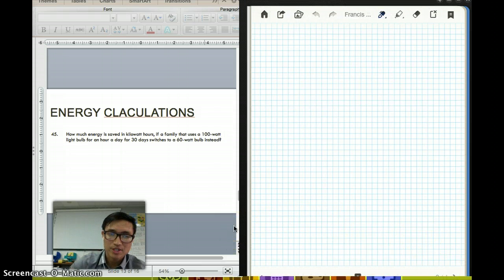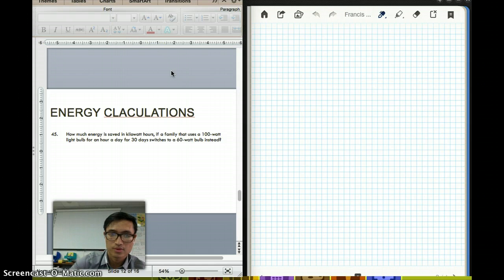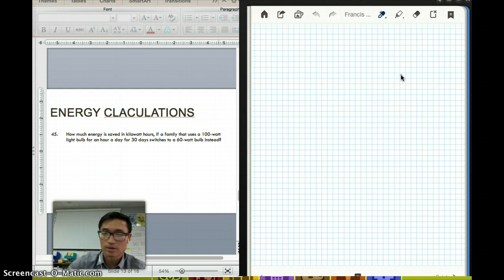So 45, how much energy is saved in kilowatt hours if a family that uses 100-watt light bulbs for an hour a day for 30 days switches to a 60-watt light bulb instead?